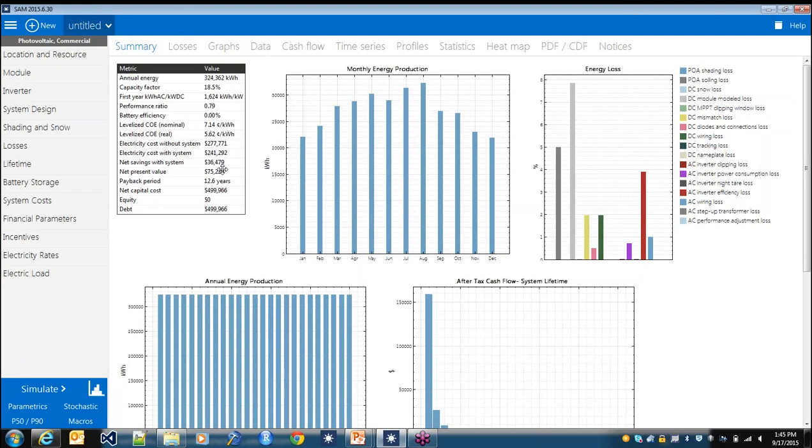So actually, it was more valuable with the battery system, and that's with very little work tailoring the dispatch strategy, as you saw. Now, of course, I'm assuming a very optimistic price for batteries, but that just illustrates how you start to look at some of these questions with SAM.